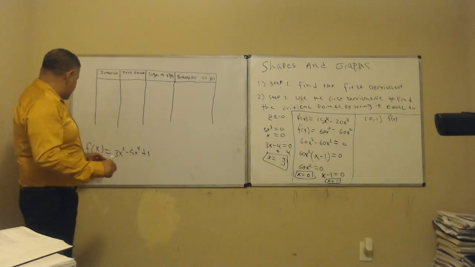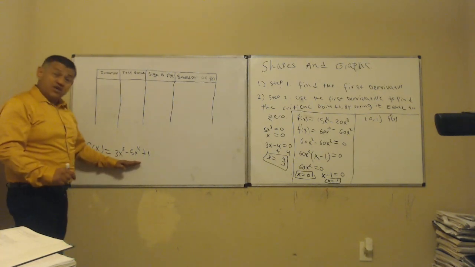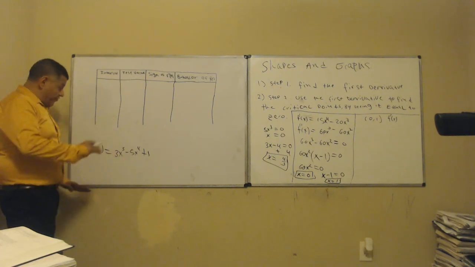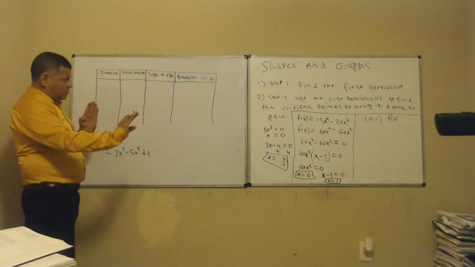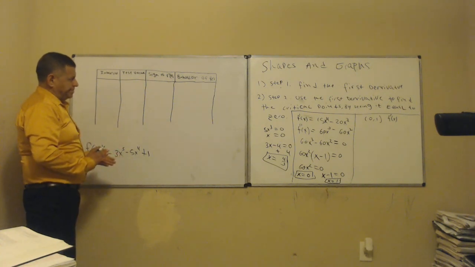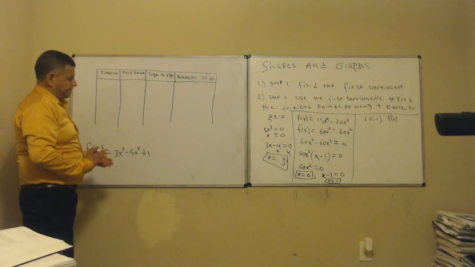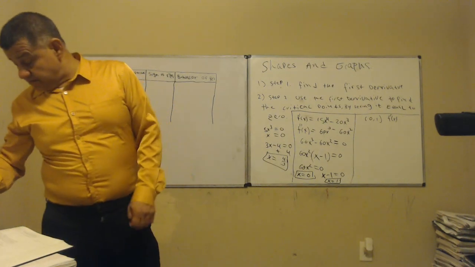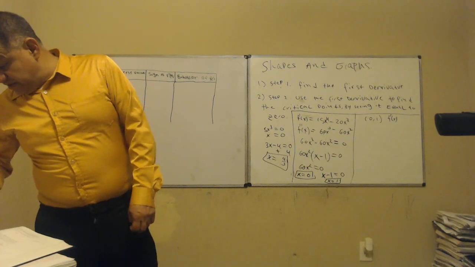So first of all, we know that it's continuous. So it's going to go from negative infinity to positive infinity. Remember that one of the intervals was the following.